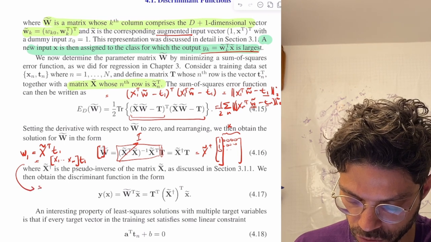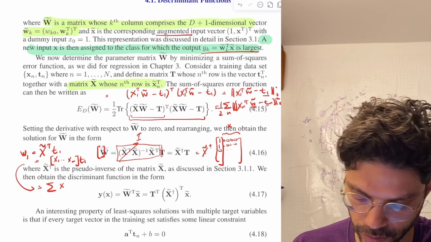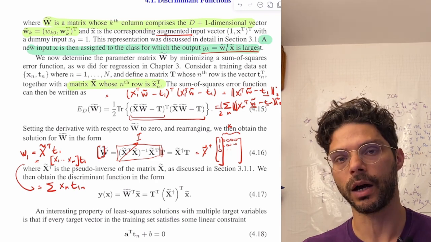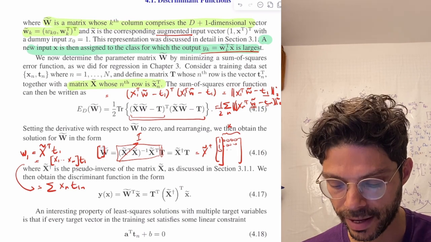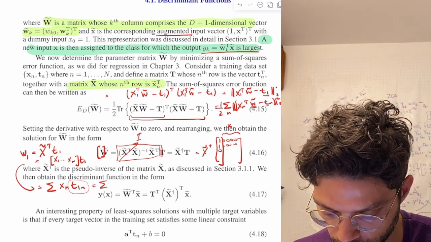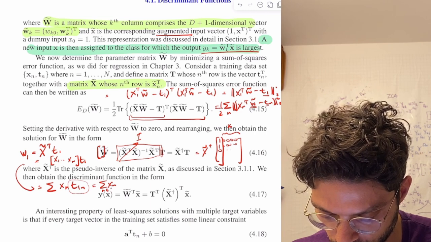And we see that this is just the sum over all of the xn times T1 of n. So what we're doing is creating a column vector by summing up all of the samples that belong to that class, right? This T1 lets you write this as the sum of xn such that n belongs to I1.